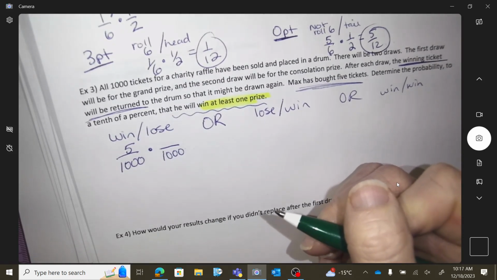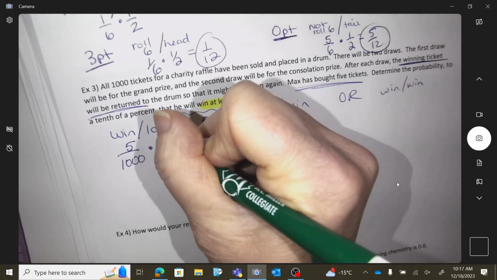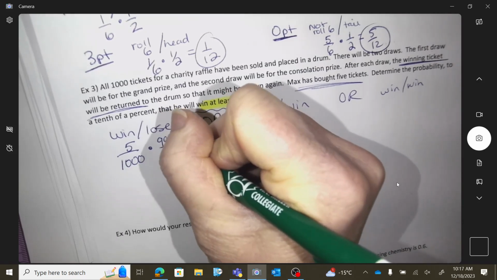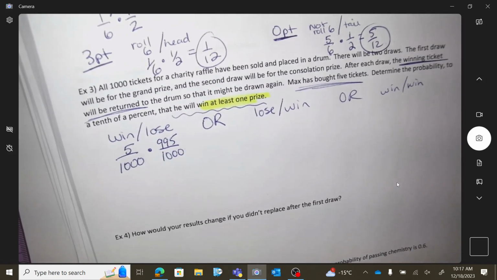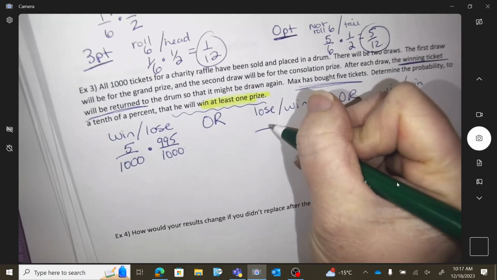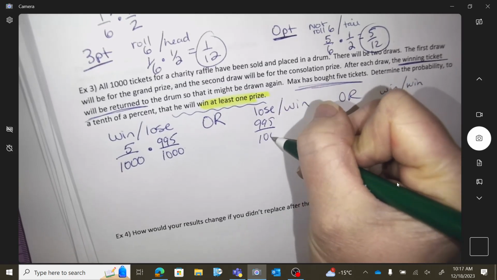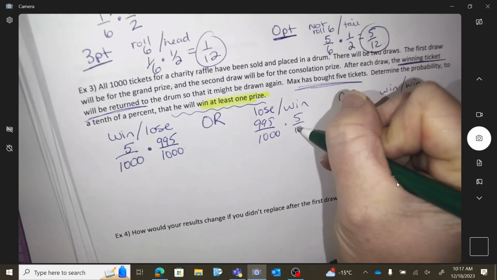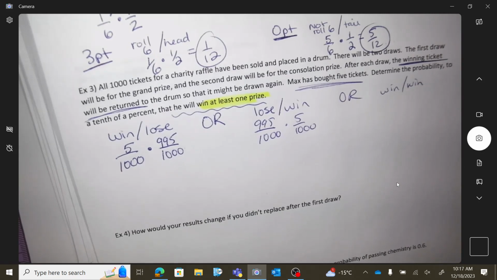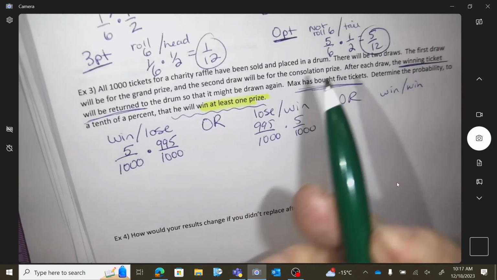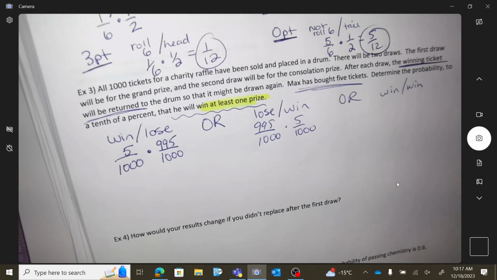Because you put it back. How many lost tickets would be in there? 995. Okay, this will be the same, right? Just in the reverse order. So basically that's why we just times it by 2, because there's 2 choices for where you're going to put that one win.